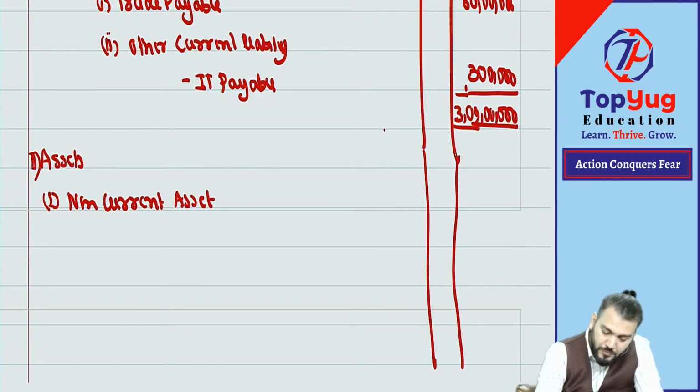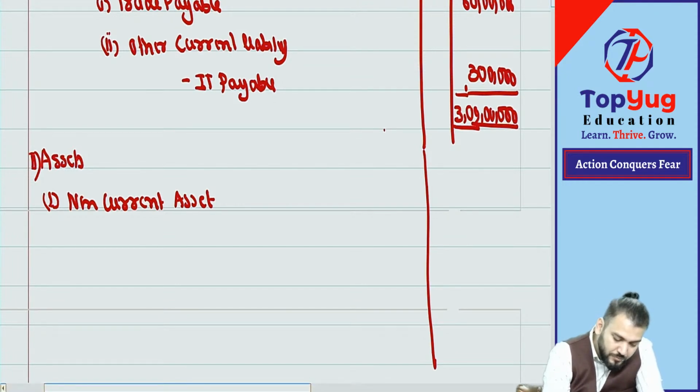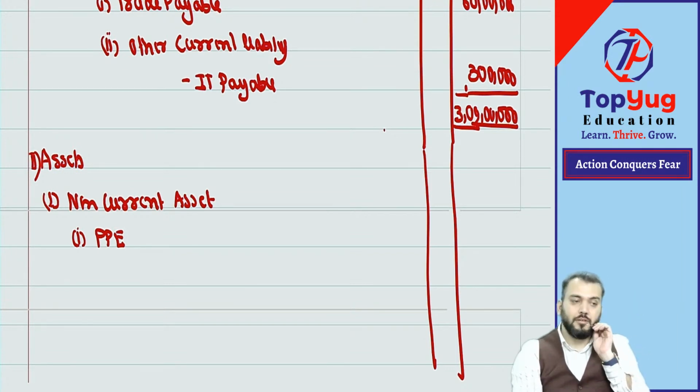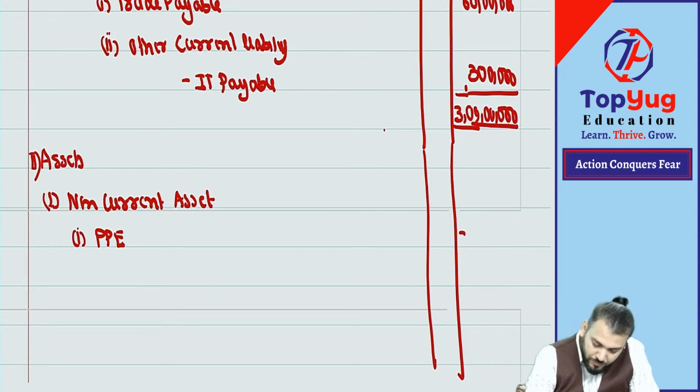Follow. In this first what we write down? Property, plant and equipment. The property, plant and equipment will be how much? So 50 lakh reduce out of 2 crore 50 lakh, it become 2 crore.